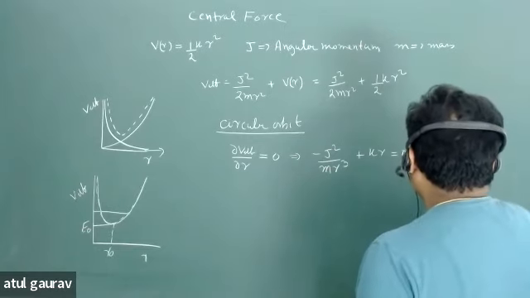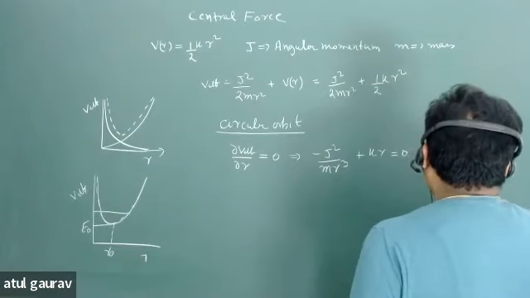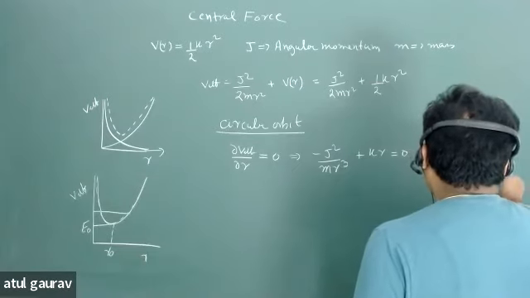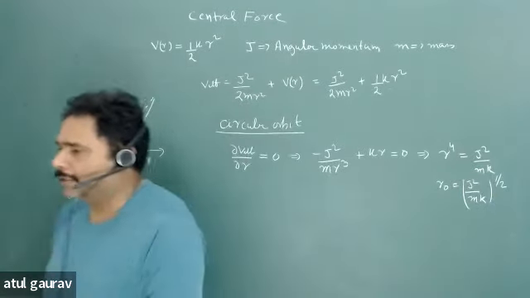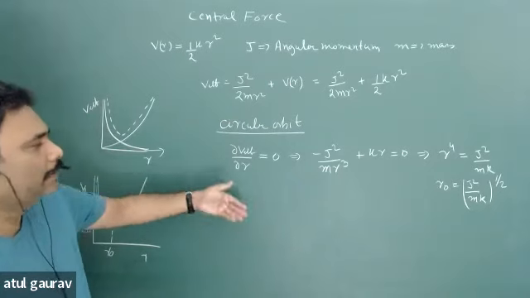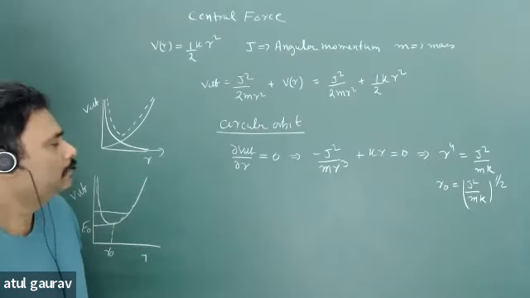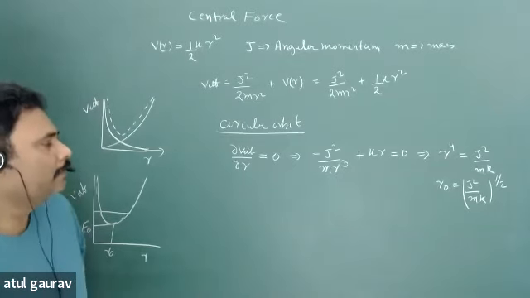This r is nothing but r naught, and this value is equal to (J square upon mk) to the power 1 by 2. So this is your radius for the circular orbit, and you can check that the second order derivative will be greater than 0. We will also check this, so why it is a stable equilibrium point.